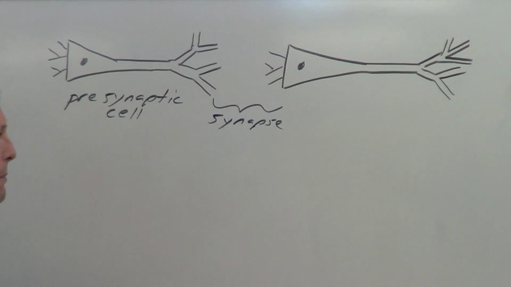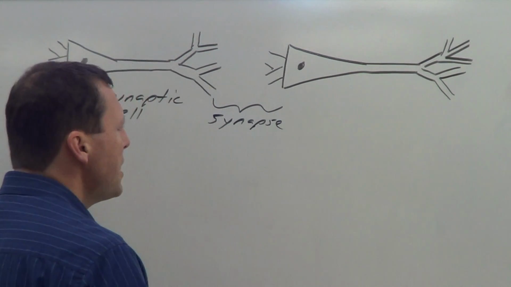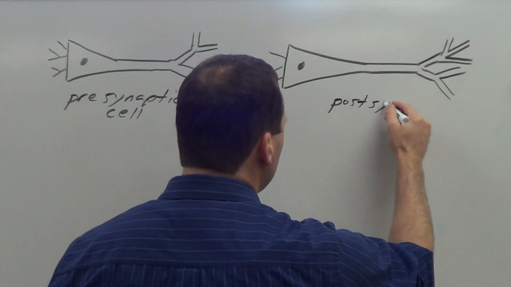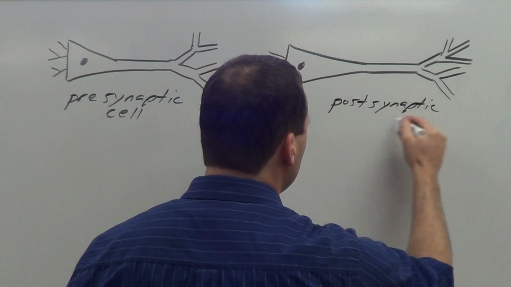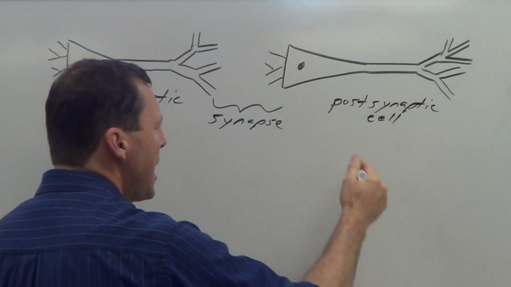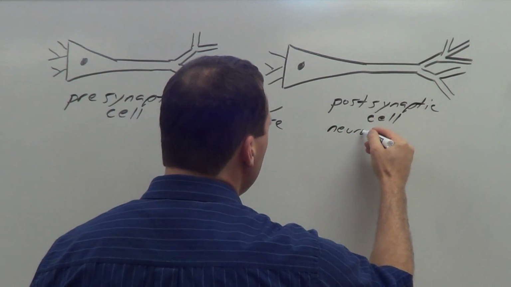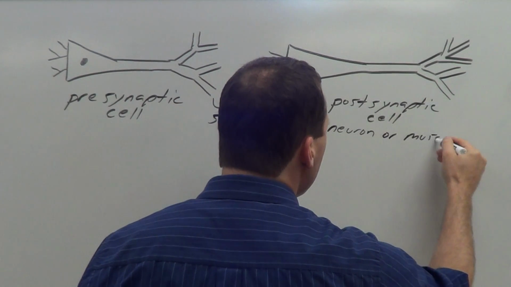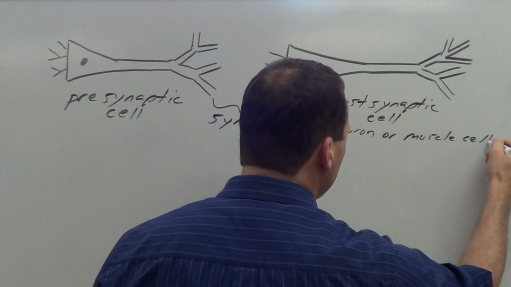That's going to be our synapse. Over here, this is going to be our postsynaptic cell. And this postsynaptic cell could be a neuron, as I've drawn here, or it could be a muscle cell, for example.